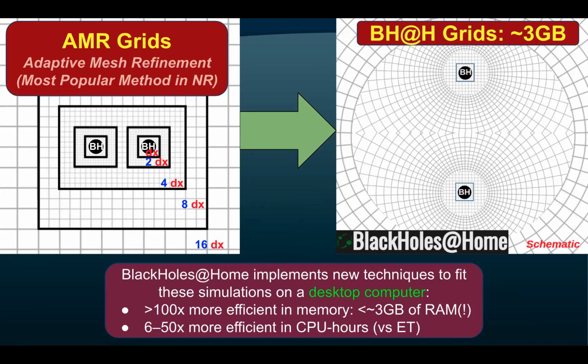And with any luck, in the next year or so, I'll be able to just report that Black Holes at Home is a factor of 50 or so more efficient in overall CPU time requirements to do binary black hole as compared to the traditional Cartesian moving box AMR approach. Okay, all right, so next slide.